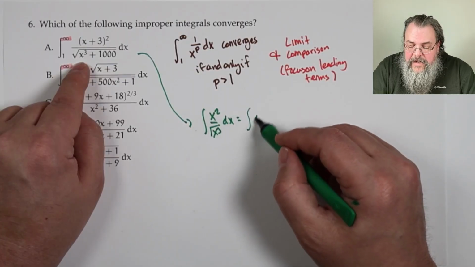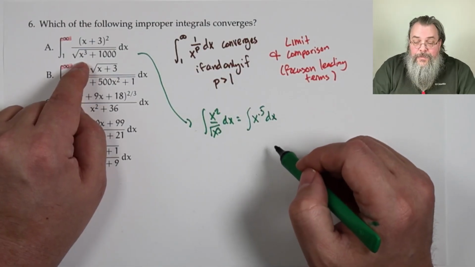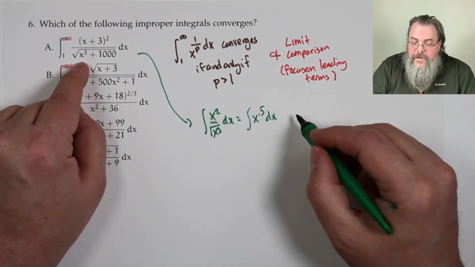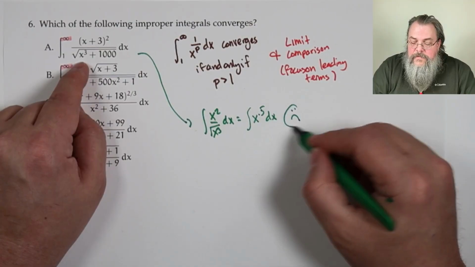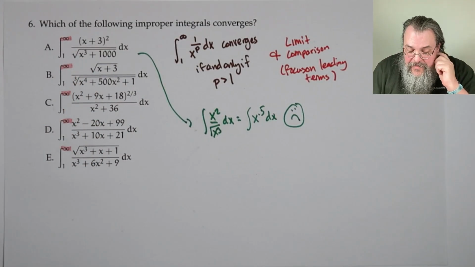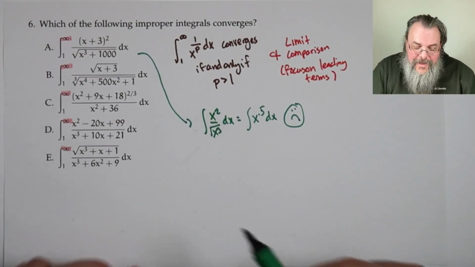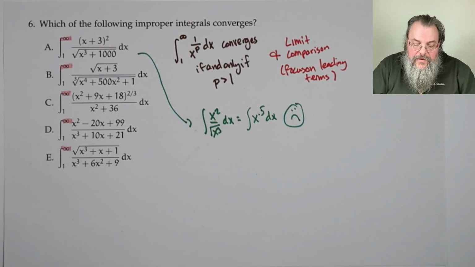That becomes the integral of x to the 0.5 upstairs. Oh, this is really hopeless. Forget it. It's not going to converge, right? It's just getting bigger and bigger. So, nope, not going to work. So that's A. It's not A.